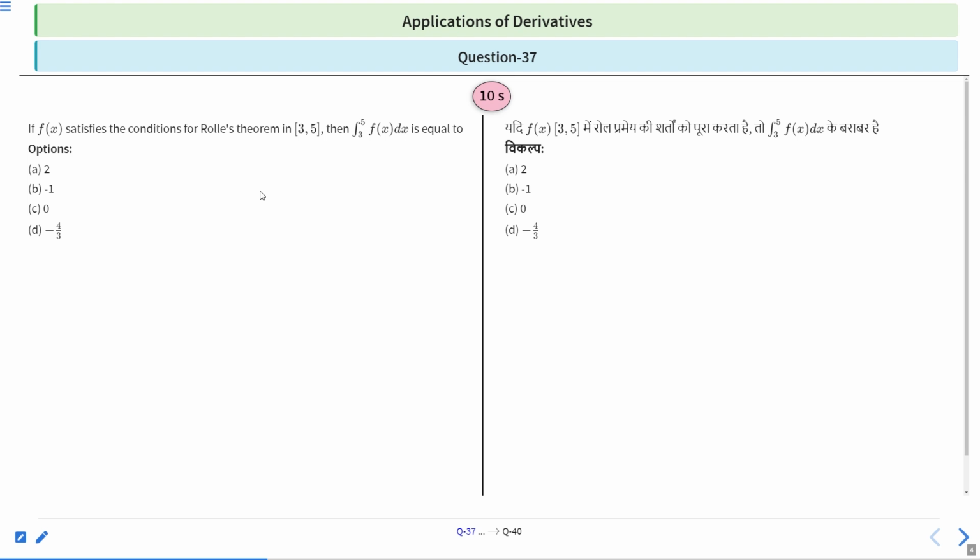And the third condition is f(a) is equal to f(b). Then there exists at least one c such that f'(c) is equal to 0. This is the condition of Rolle's theorem, right? Clear? So with this approach, you can go with this question. You have 10 seconds to solve this question. After 10 seconds, we will discuss the solution.